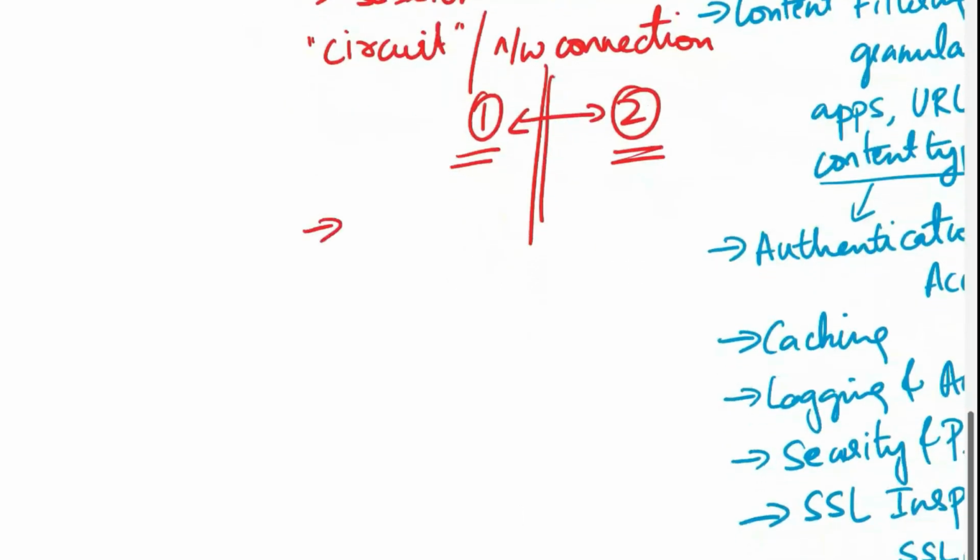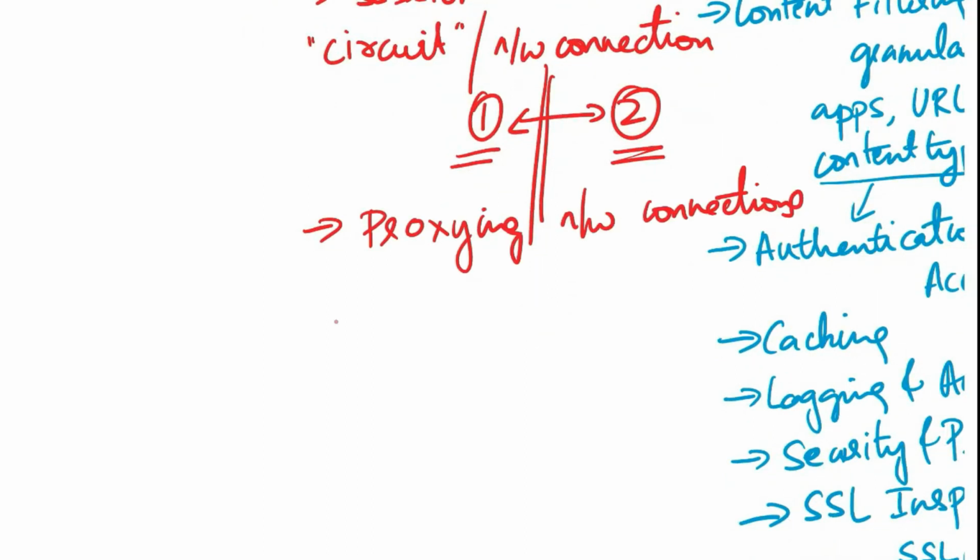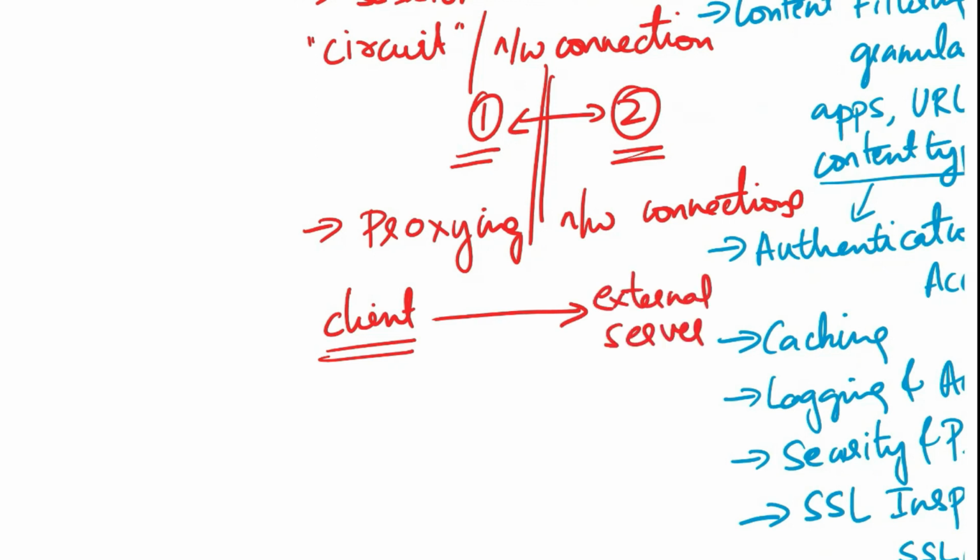Next characteristic that we'll discuss is proxying network connections. So say there is a client. This client is inside a protected network and initiates a connection with an external server. When this connection is initiated, the circuit level gateway acts as a proxy by creating a separate connection to the external server on behalf of the client.